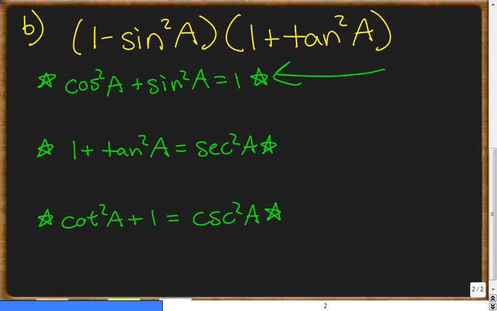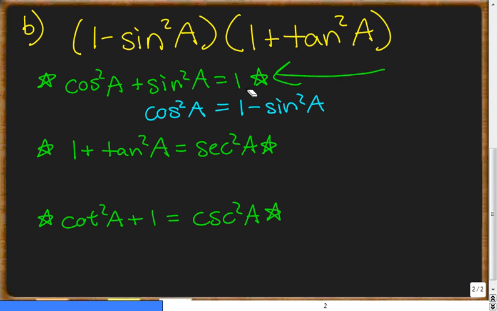Well, if I have a 1 over here, what if I subtracted sine squared from it? I would have to do it from the other side too in order to make my identity still true. So if I take away sine squared from this side here, I'm going to be left with cosine squared. Now if I take my sine squared away from the 1, I'm going to have 1 minus sine squared.